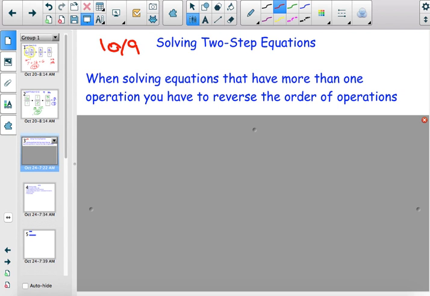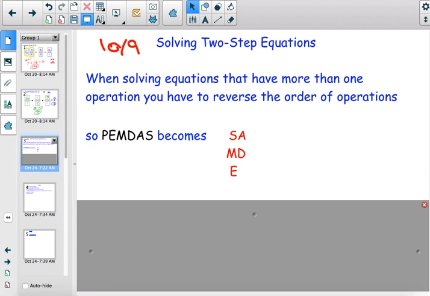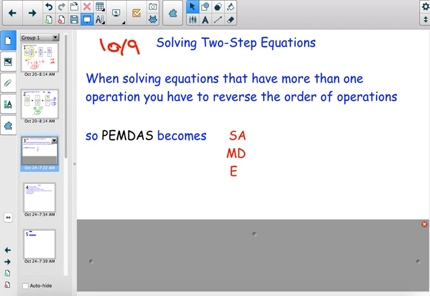So you think of parentheses, exponent, multiply, divide, add, subtract. When you're solving for a variable, you're trying to do the order of operations backwards. So adding and subtracting are what you have to unpack first, and then you would unpack multiply and divide. And if you're ever doing Pythagorean theorem, you could undo your exponent with the square root.